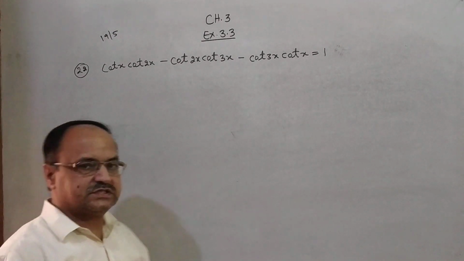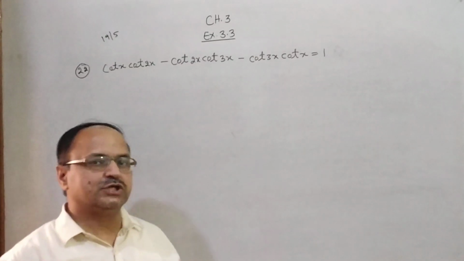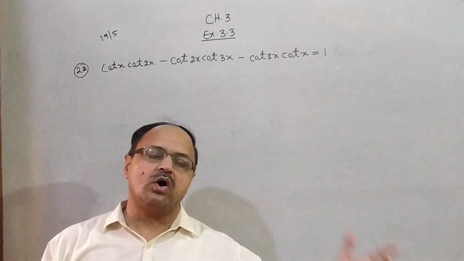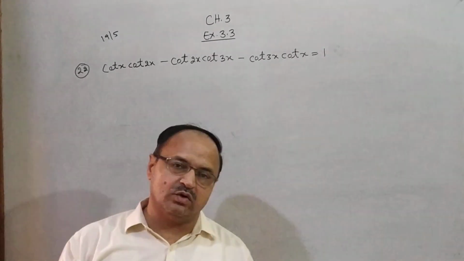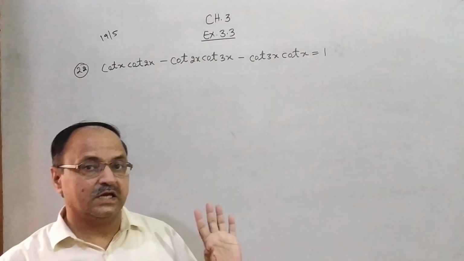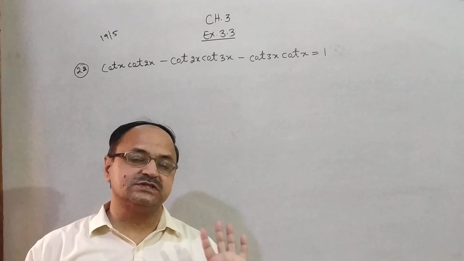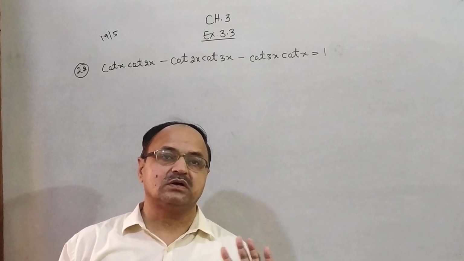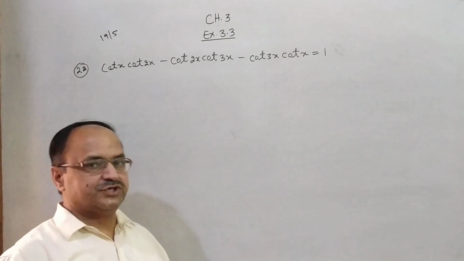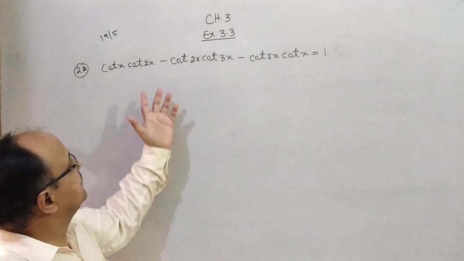In this question, this is a special type. The question is in the form of cot only, or the question is in the form of tan only. Again, it is a special type. Always the question is in the form of cot only or in the form of tan only. In this question, there are three angles.